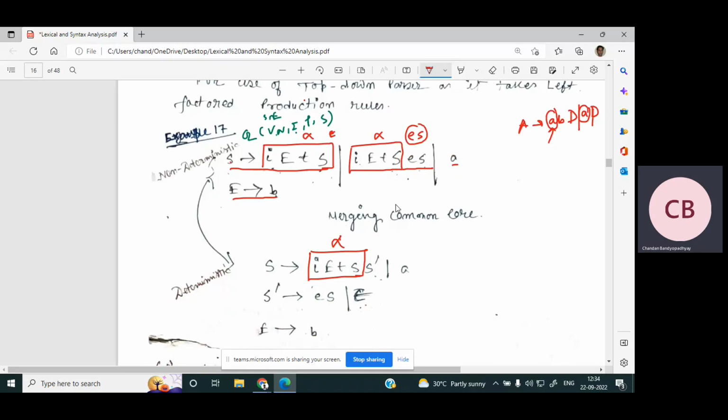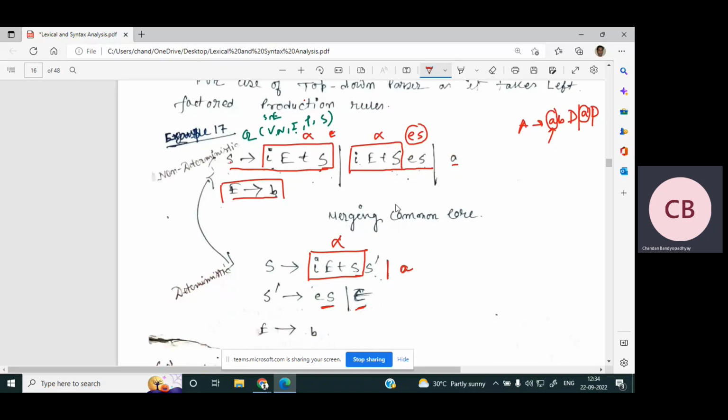S also generates a, so that a part also we have written. This S dash that I have written may be epsilon or may be eS. Only that part I have written. The rest remains the same, E to b. This is very simple.